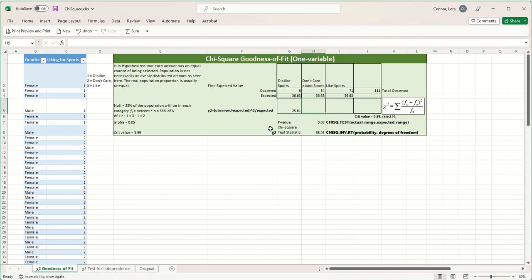Let's try that again for the next. Equals, parentheses, observed, minus, expected, close parentheses, caret 2 so we square it, and then divide by the expected. Enter, and then try it one more time.